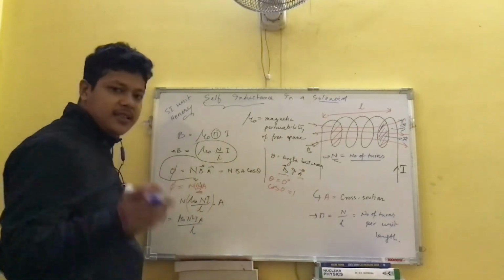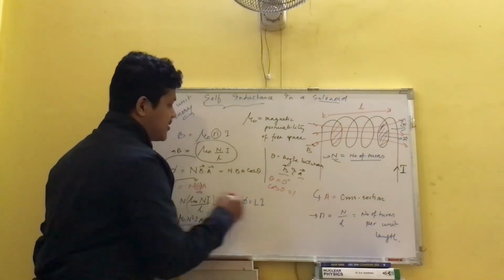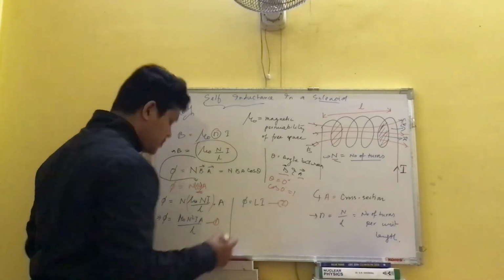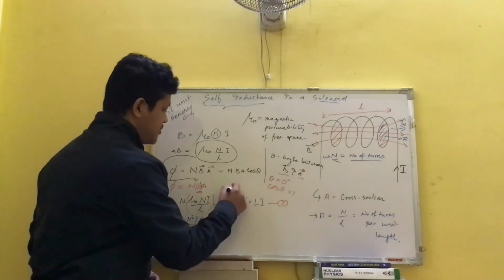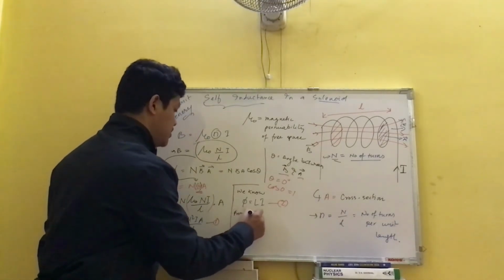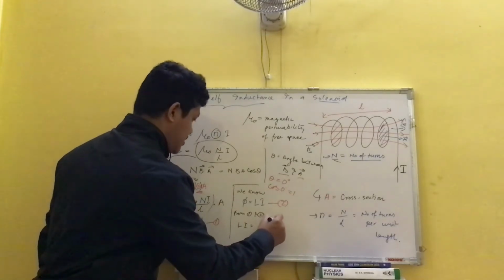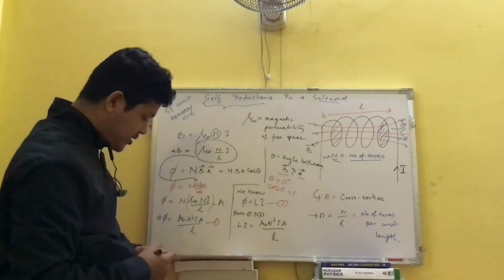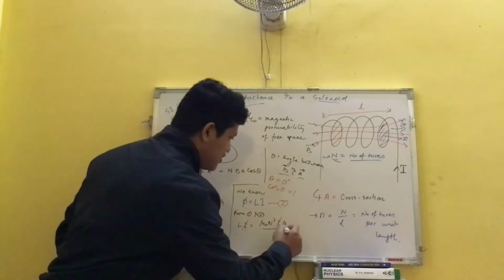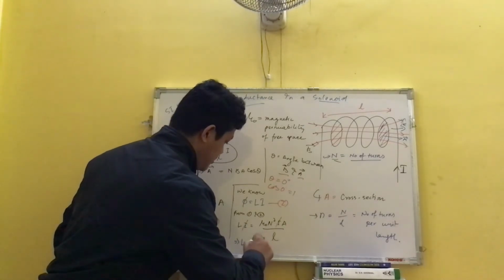Then we also know that we have already derived the relation that phi is equal to L, that is self-inductance, into I. Now from these two relations, this is 1, this is suppose 2, from 1 and 2 we will get L I is equal to mu naught n square I A by L. So here this I cancels this I, and our capital L, self-inductance, is equal to mu naught n square A by small l.